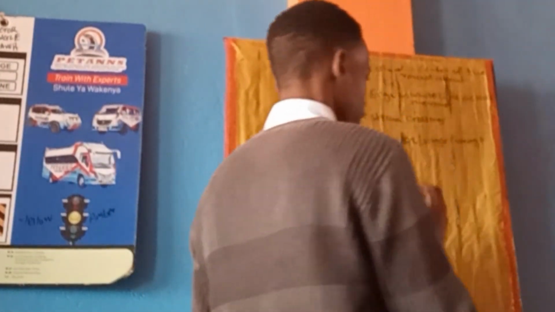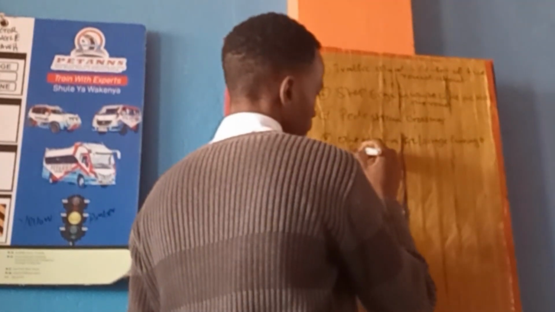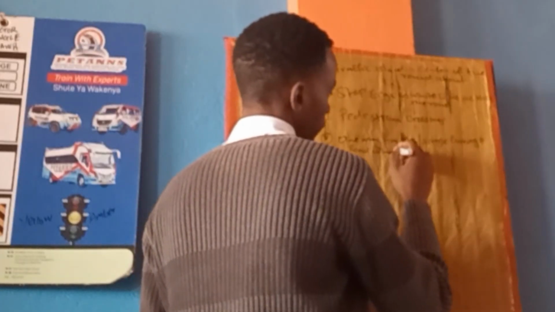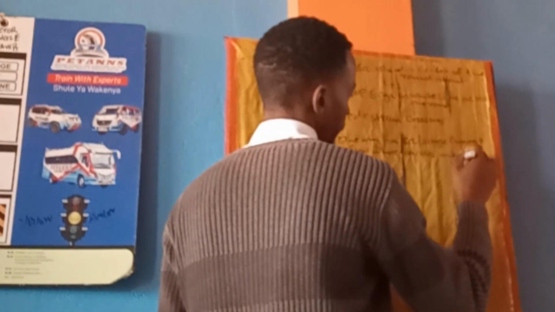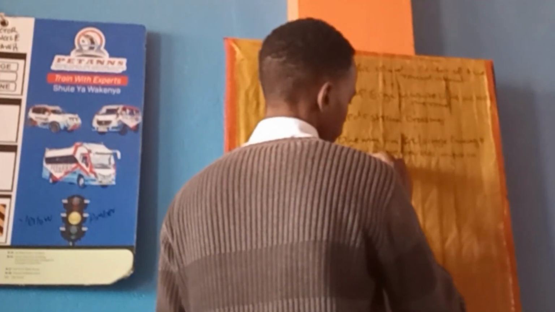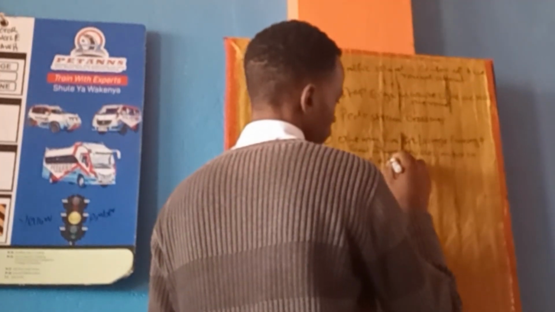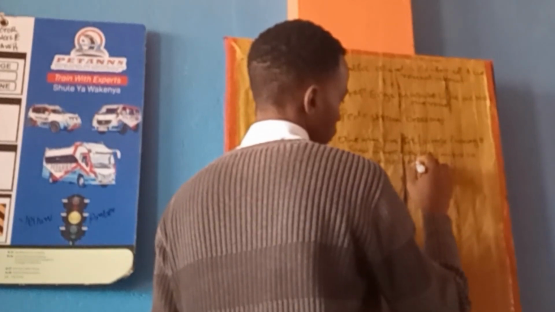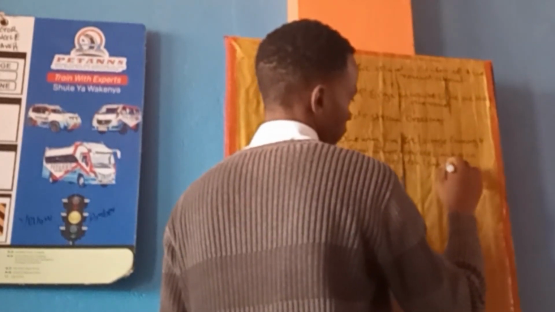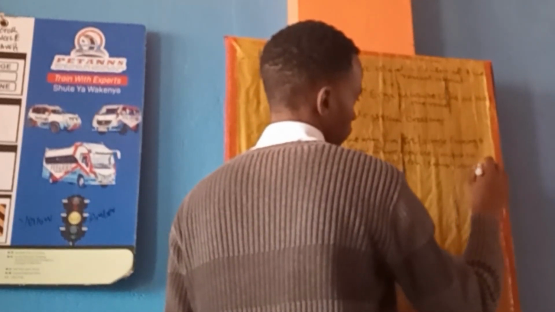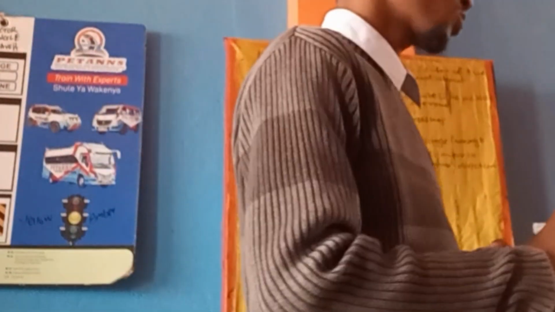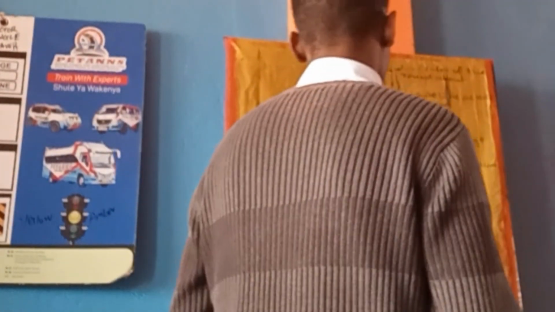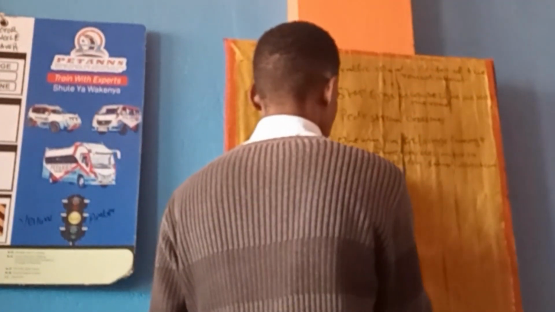Yeah, so this is just the drawing, with vehicles moving in one direction or the same direction. So it's a road where the vehicles move in one direction or in the same direction. Then kuna number 9, which is two-way.